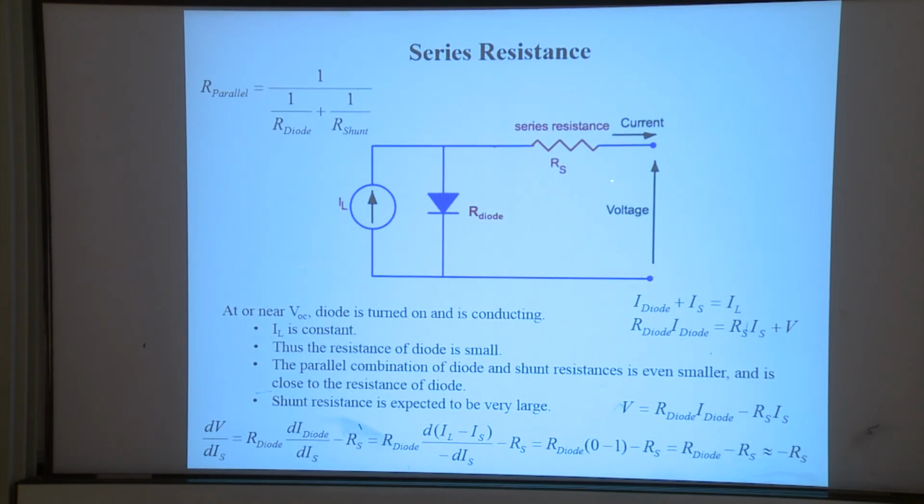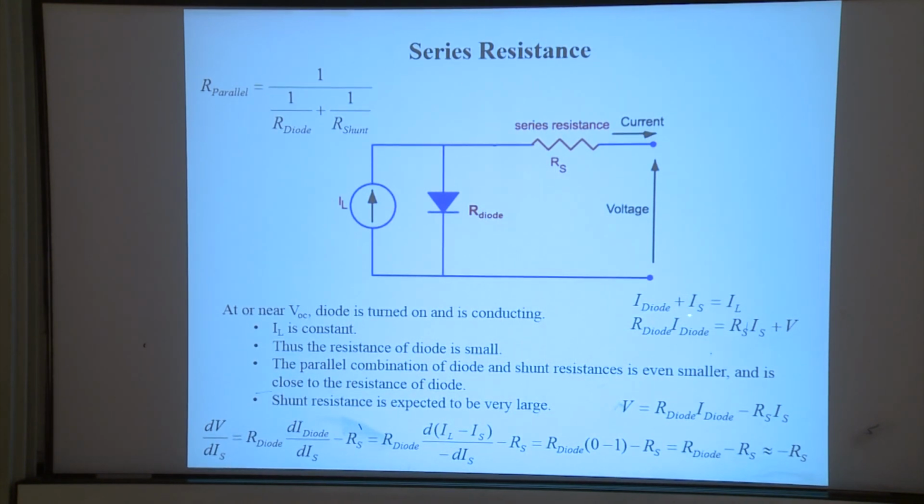The current flowing through the diode plus the current flowing through the series resistance will equal the output current, because this is a current generator, so the generator current is distributed two ways, either flowing this way or the other way. So I_diode plus I_S will equal I_L.